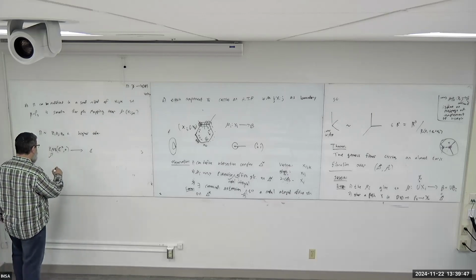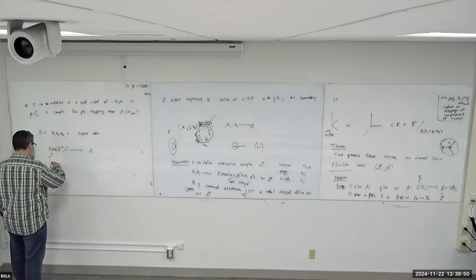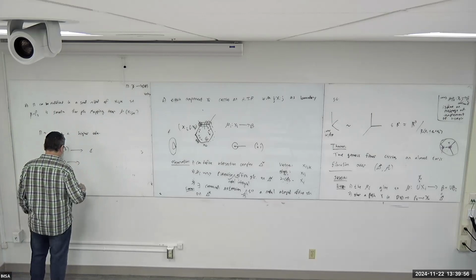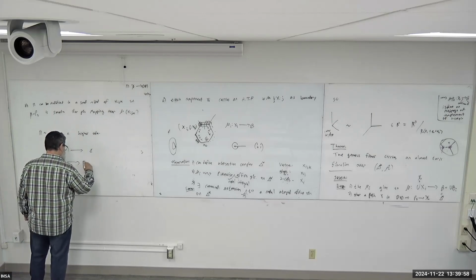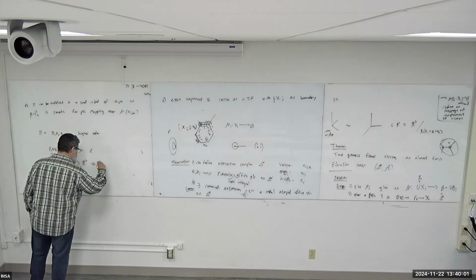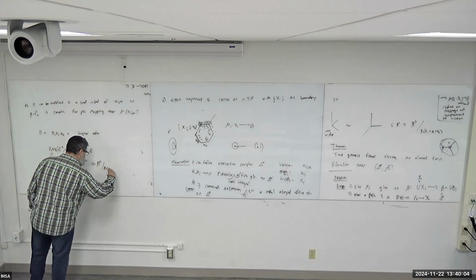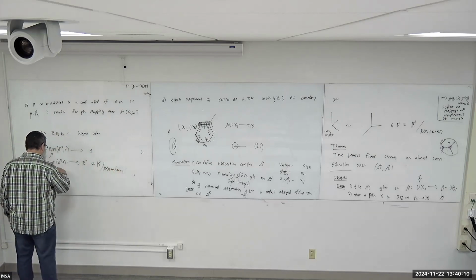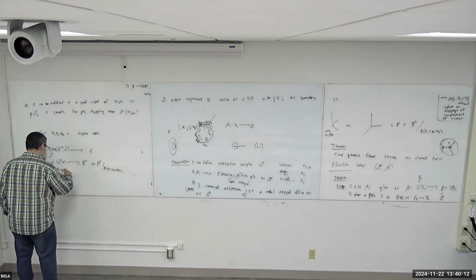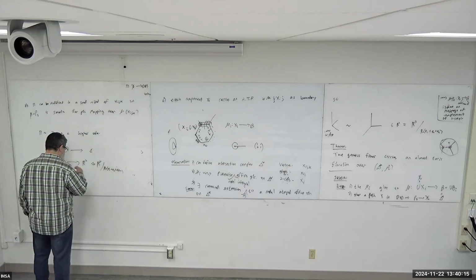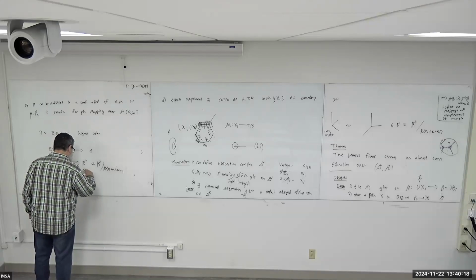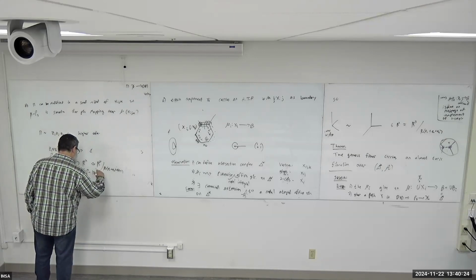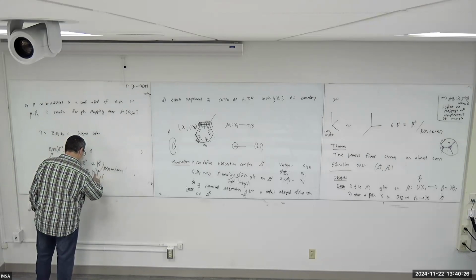So locally you can model it with a map mu to R2, which you can think of as the thing I wrote before. I'll write it in coordinates. It has two components.